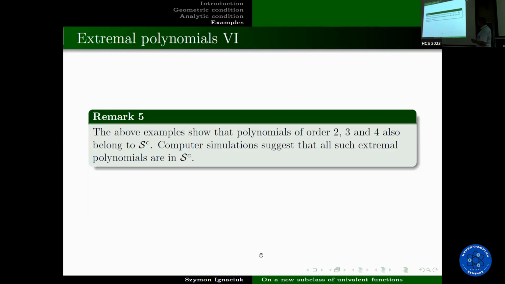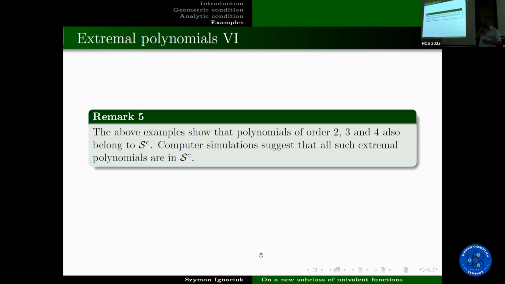But computer simulations suggest that all such extremal polynomials are in our class, and I think it would be a nice result, because then in our class we would have the Koebe function, which is the general extremal function for classes, and also these extremal polynomials.